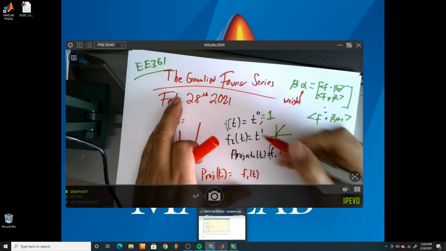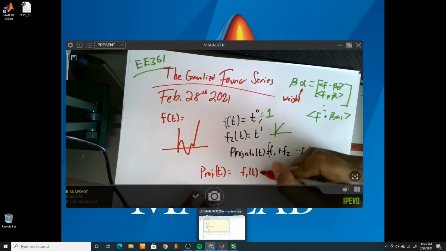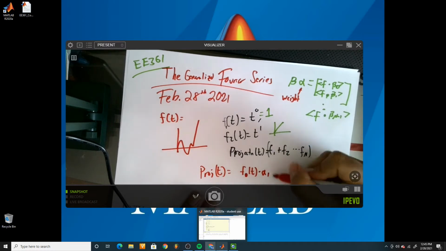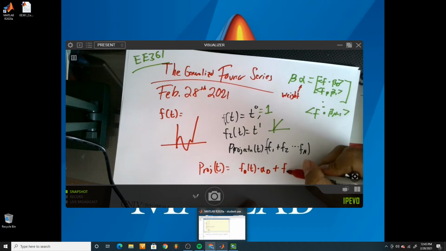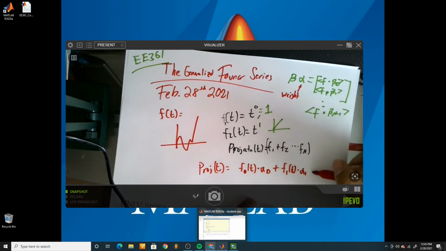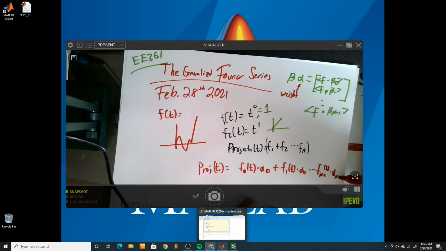And then how much of this? And we're just adding them all. So times alpha 1, plus f of 1t times alpha of 1 dot dot dot f of n minus 1 t times alpha n minus 1.